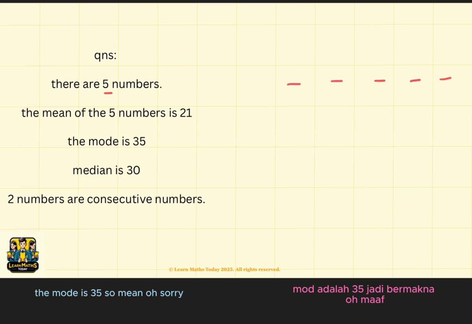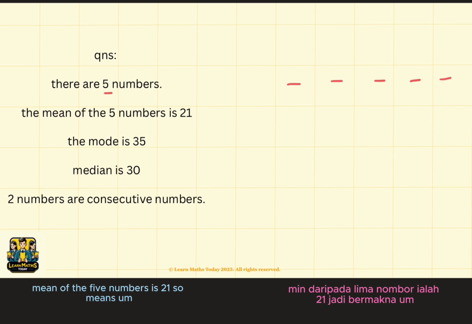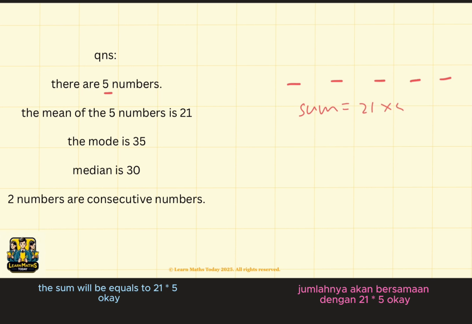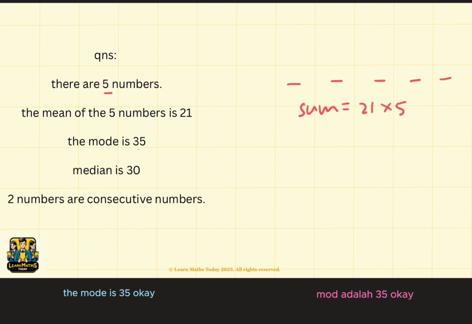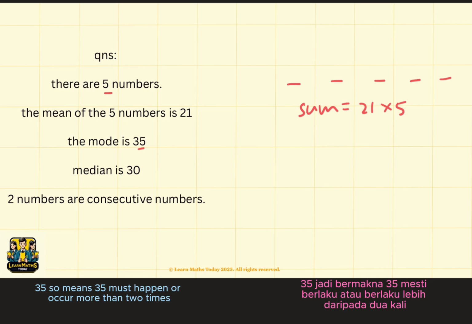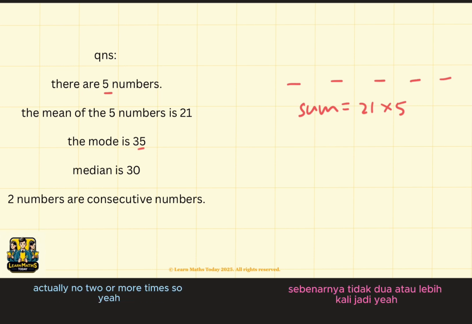Okay, the mode is 35. So mean of the 5 numbers is 21. So means the sum will be equals to 21 times 5. Okay, the mode is 35. So means 35 must occur more than 2 times. Actually no, 2 or more times.